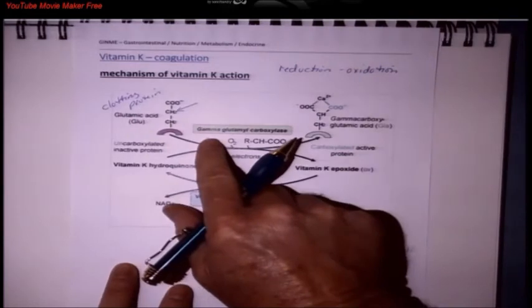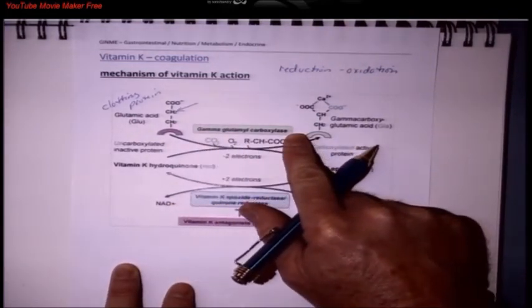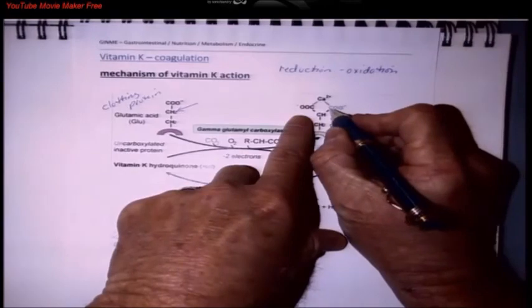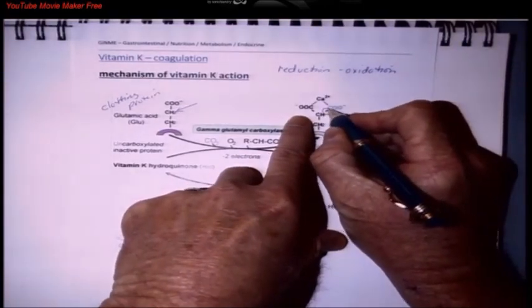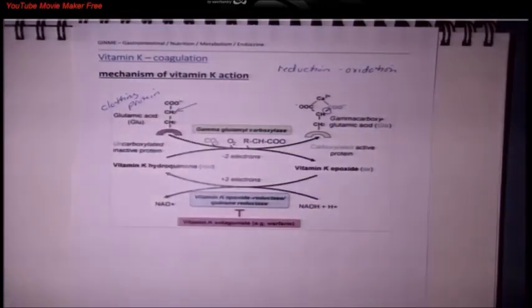Now, the enzyme that does this, gamma-glutamyl carboxylase, is going to require the movement of electrons. Because simply, these electrons right here need to come from somewhere. They're not being donated by the CO2 molecule.